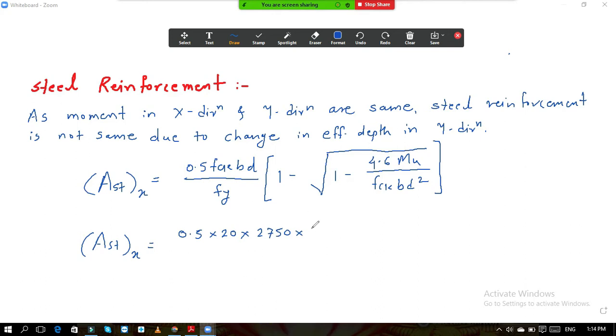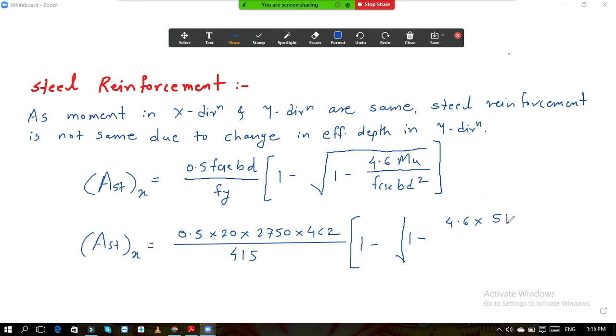I think it is 462 in x direction, divided by 415, in bracket 1 minus under root 1 minus 4.6 into what was our bending moment?